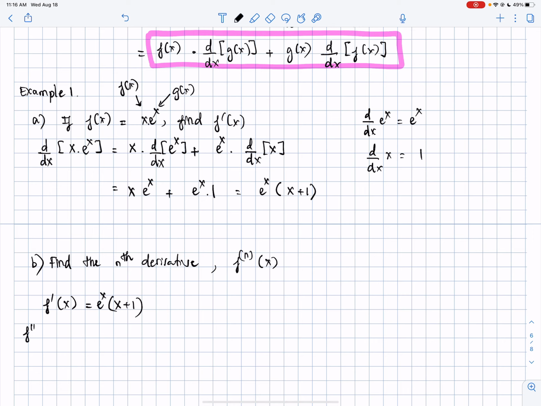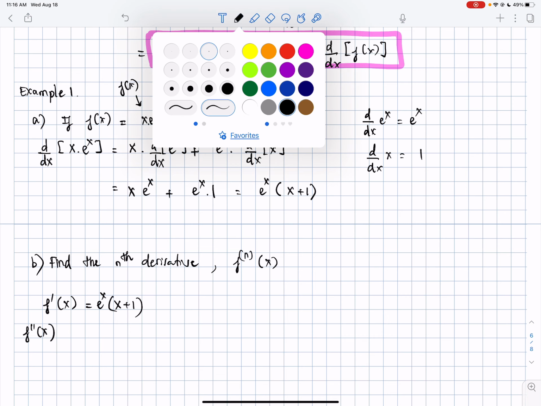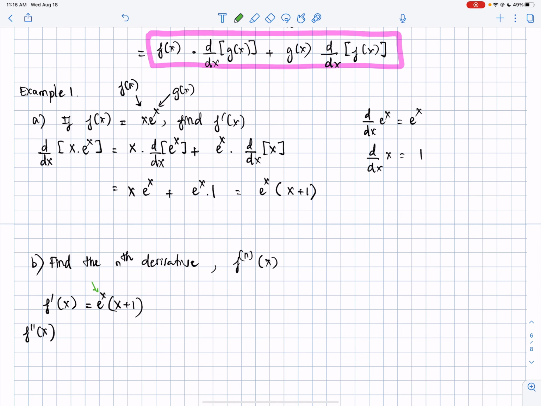Then for the second derivative, this will become f of x, and x plus 1 becomes g of x. So we take the first derivative of g of x and keep the f of x. We apply the formula, right?